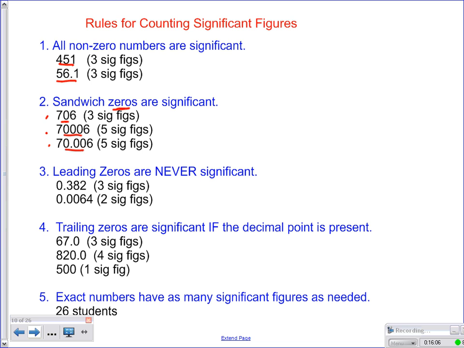If you have leading zeros, so that's going to be when you have some decimal points, those are never significant. So this zero right here, even these zeros are not significant.